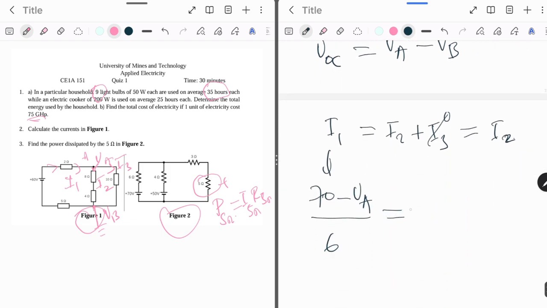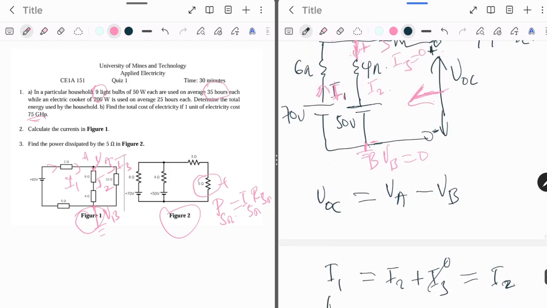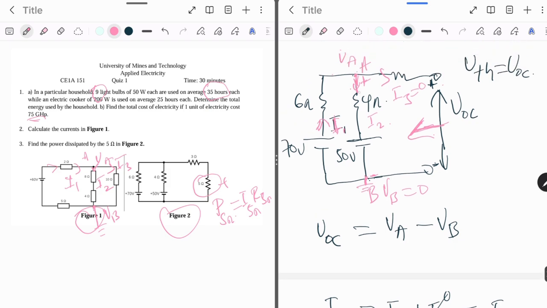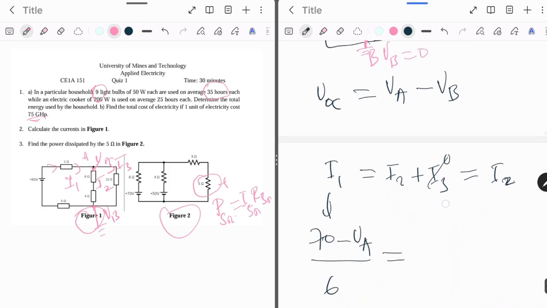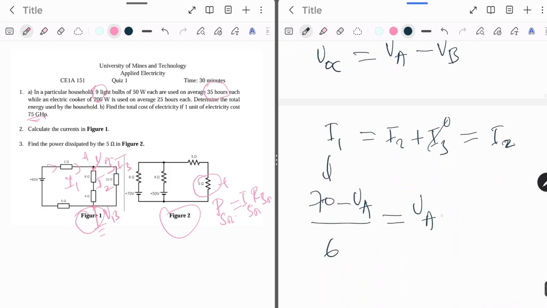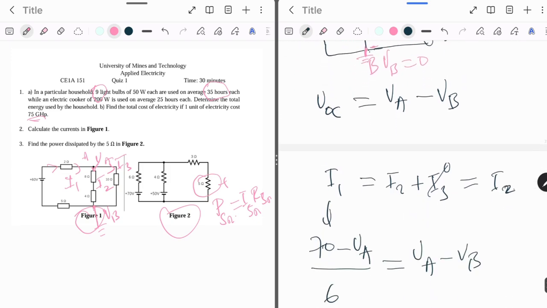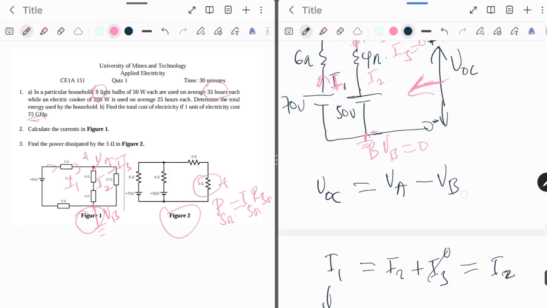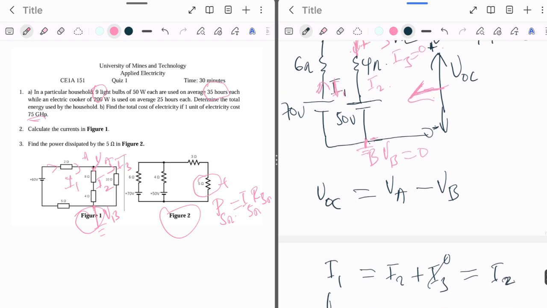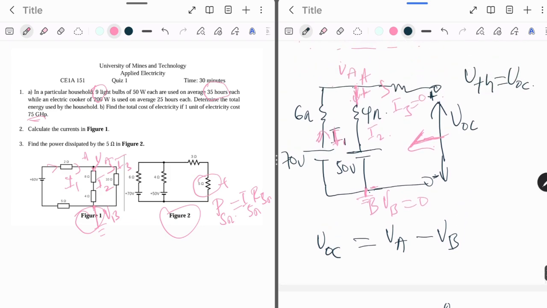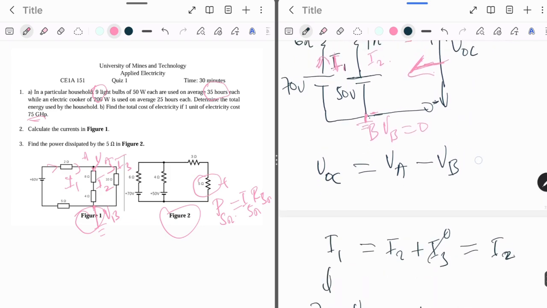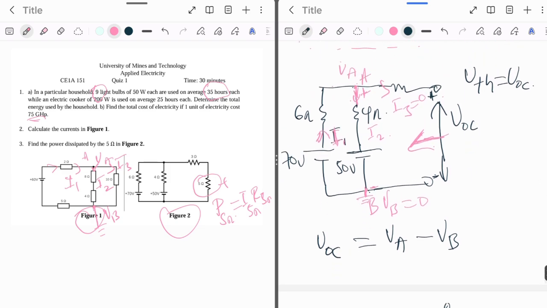Which is going to be equal to my I2, meaning VA minus VB, starting from VA and arriving at VB.